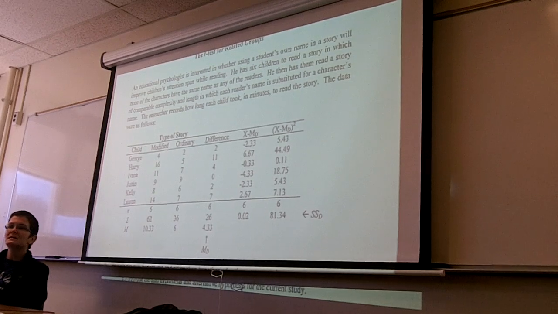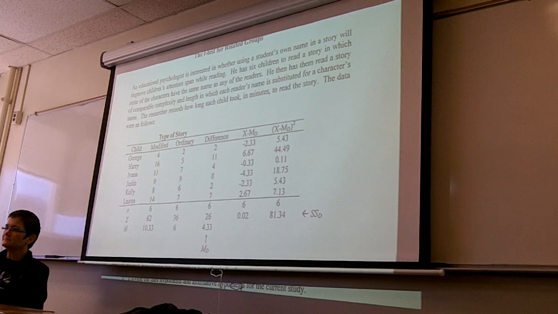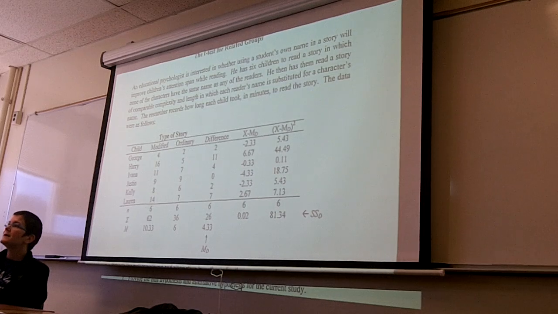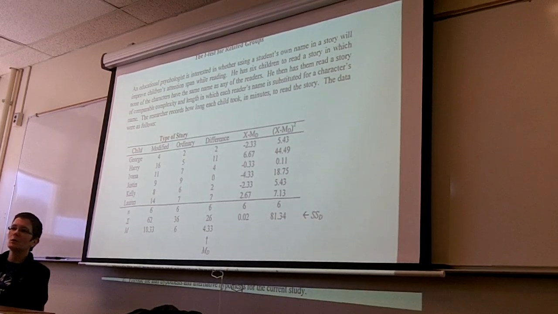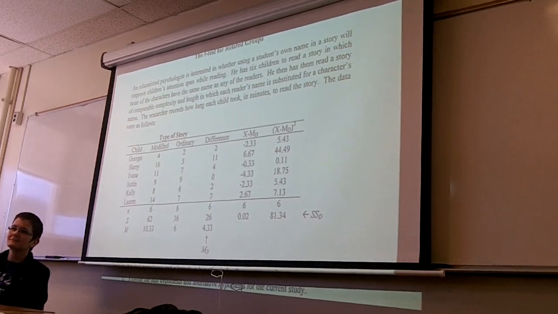So when we did independent groups, we were doing a between subjects design. Now we're doing related groups, right? Because the kids who read the experimental story are related to the kids who read the ordinary story by virtue of being the same kids, right?